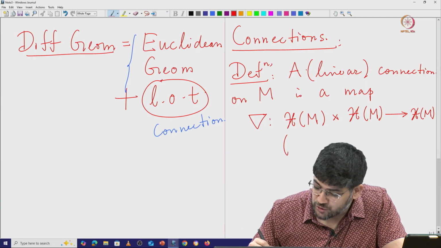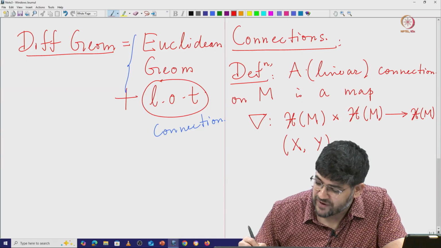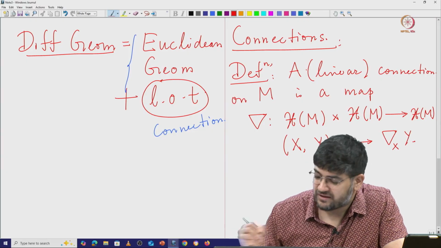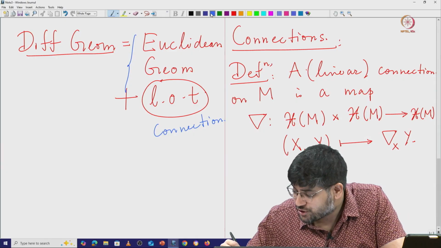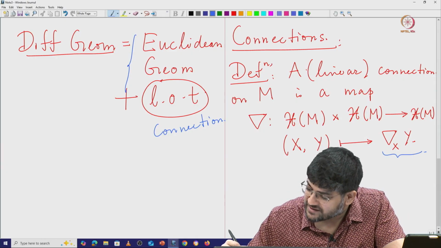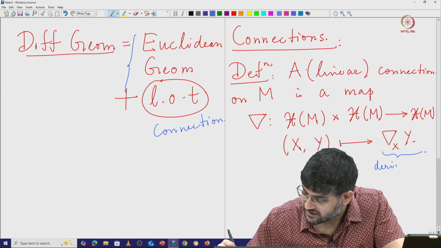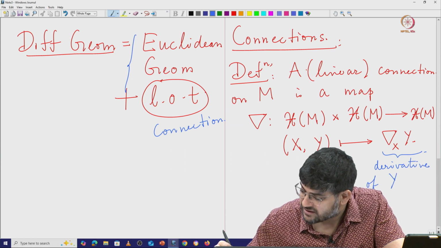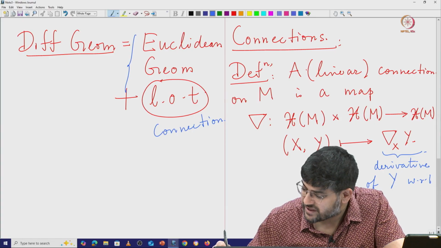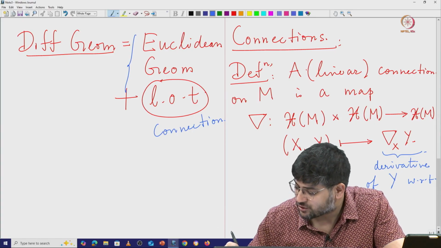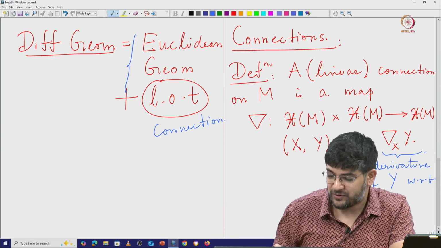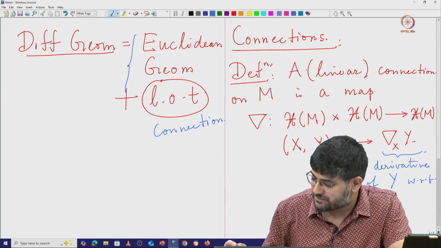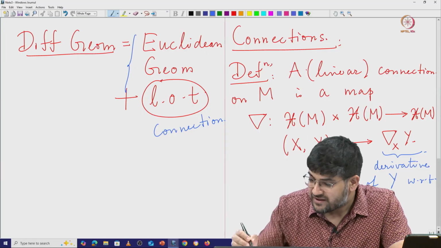Okay. So you take a pair of vector fields and write nabla_X Y. The way you should think of this quantity is that this is the derivative of Y in the direction of X, or with respect to the vector field X. Okay. So you are differentiating Y with respect to this vector field X.